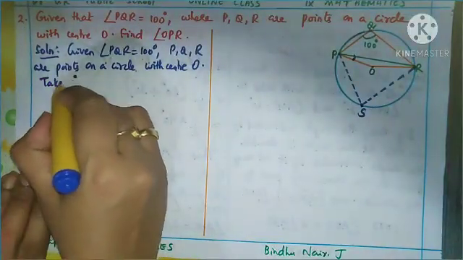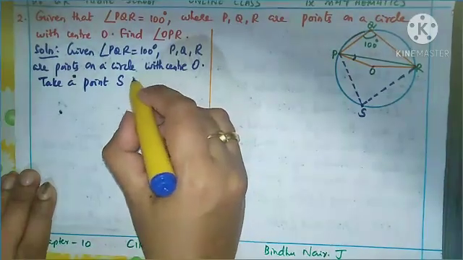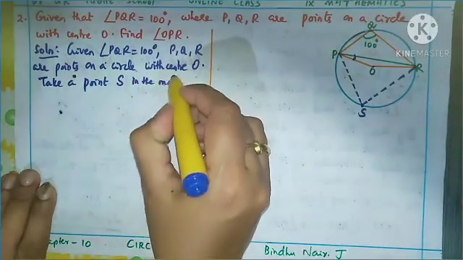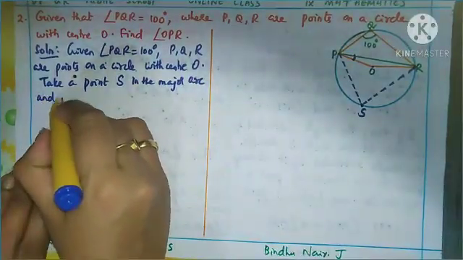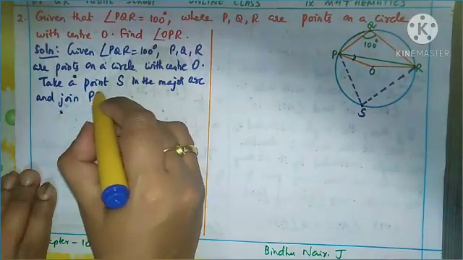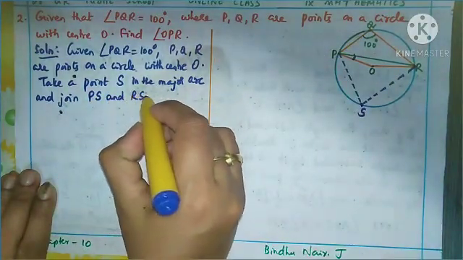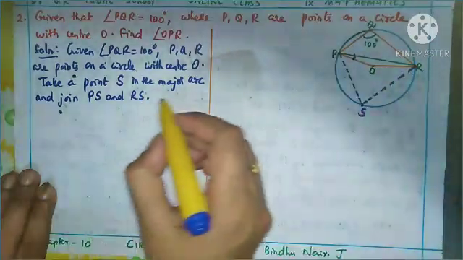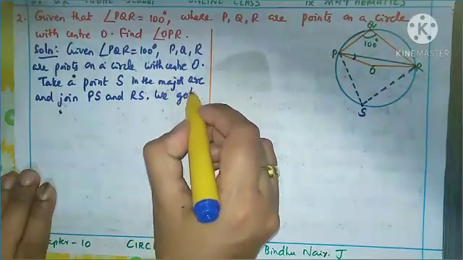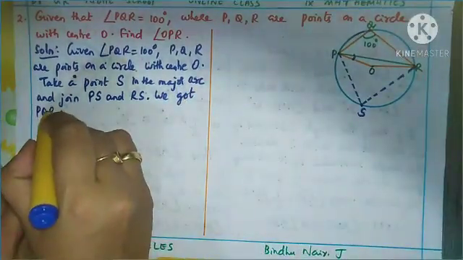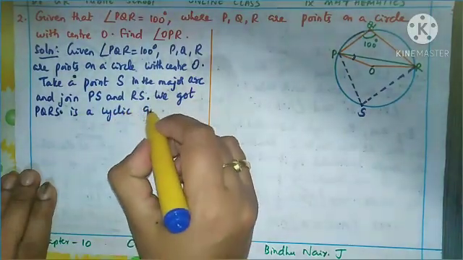Take a point S in the major arc, and we joined PS and RS. Therefore, we got PQRS is a cyclic quadrilateral.